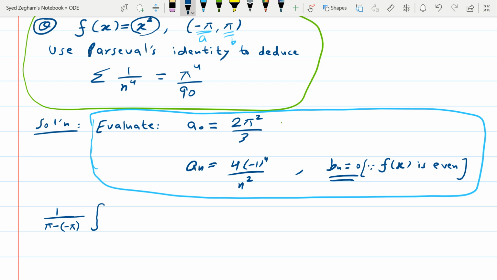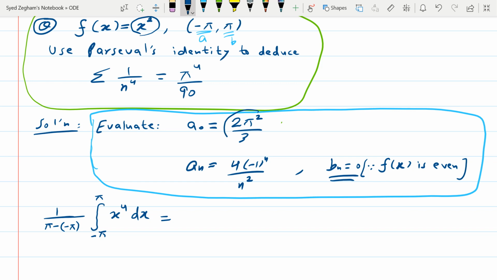So f x whole square will be x square whole square, that will become x power 4 dx over the limits a to b, that is again minus pi to plus pi, is equal to a naught square by 4.